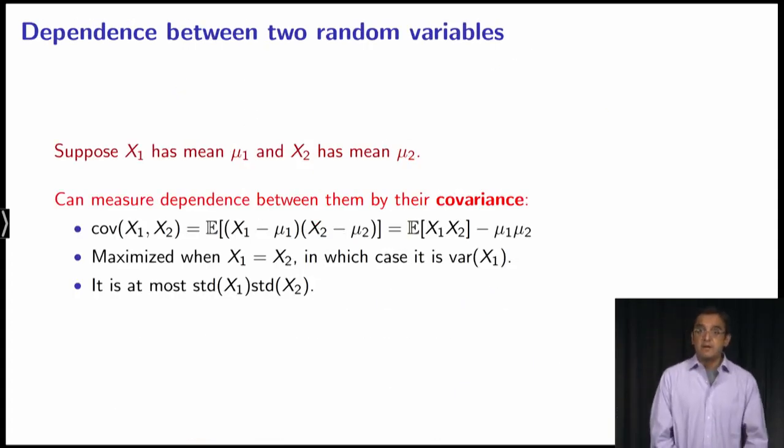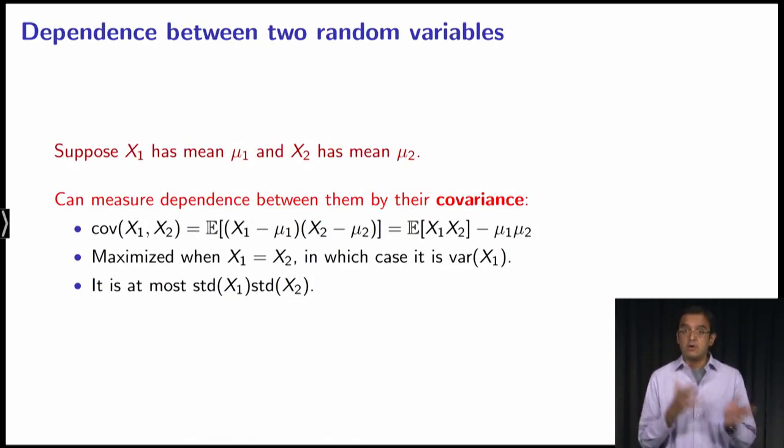So let's say you have these two random variables, x1 and x2, alcohol and flavonoid, for example. x1 has mean mu1, average alcohol level. x2 has mean mu2, average flavonoid level. A standard measure of the dependence between x1 and x2 is the covariance.